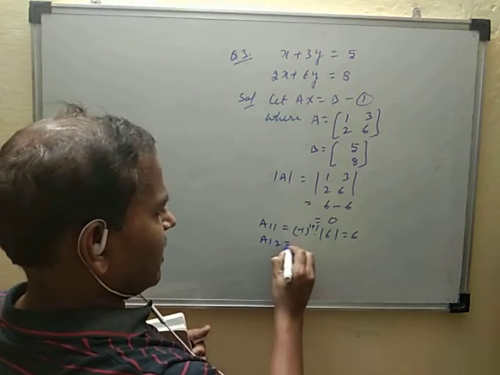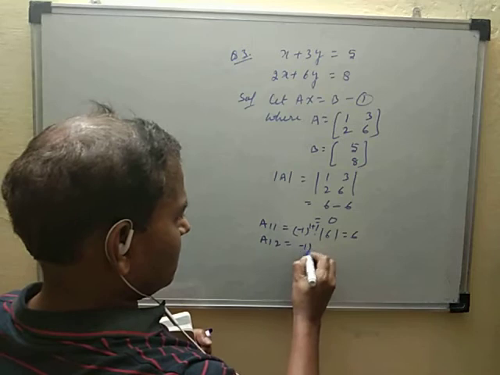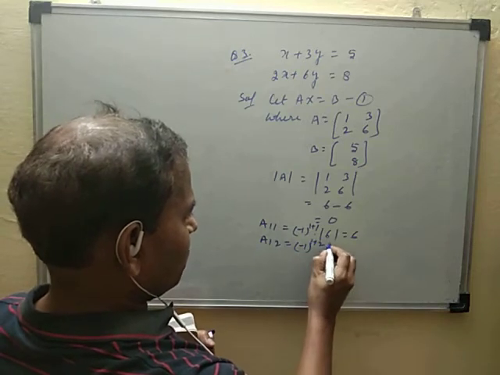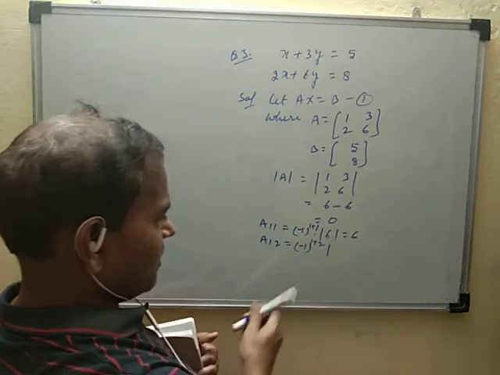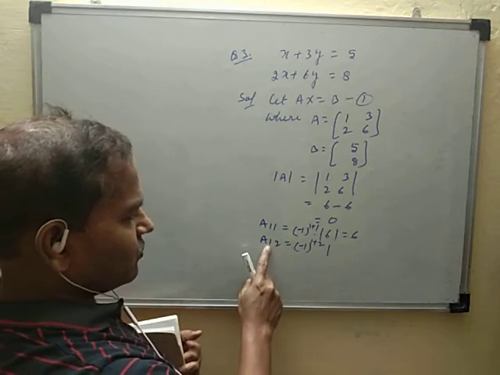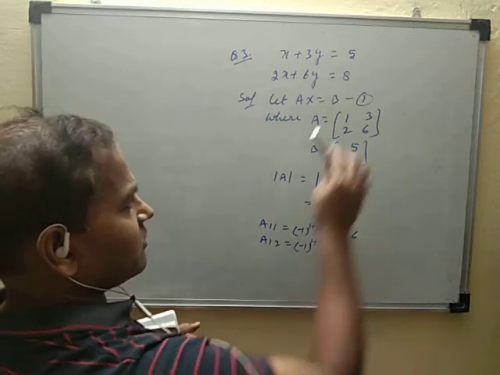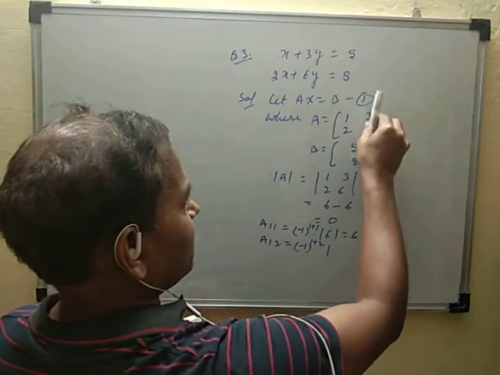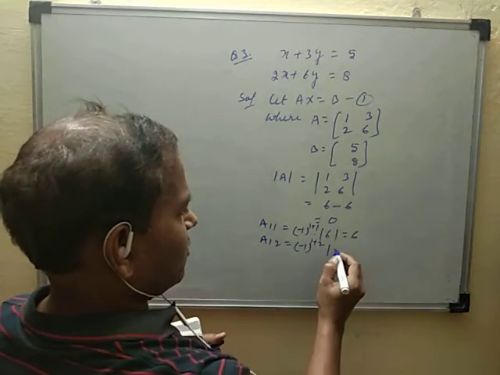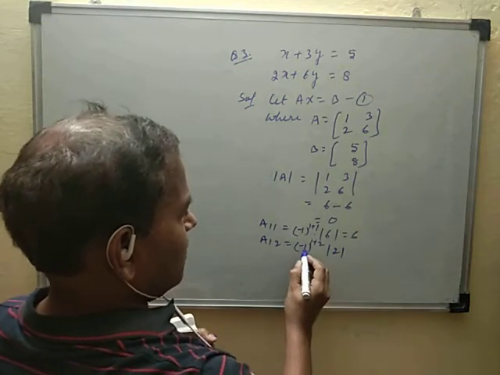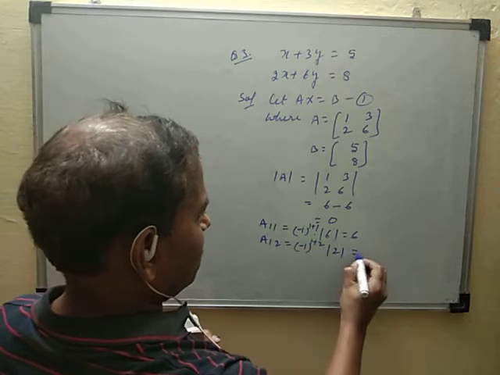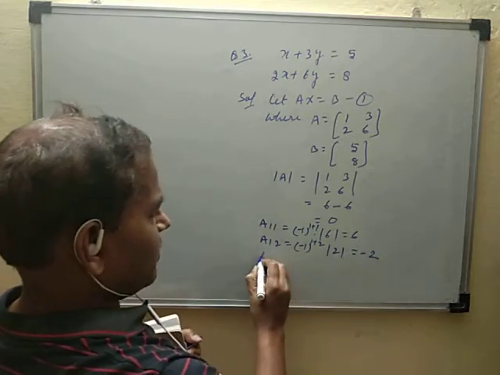Next find A12, that is minus 1 to the power 1 plus 2. Now delete the first row and second column, so the element is 2, this is negative, so the value is minus 2.